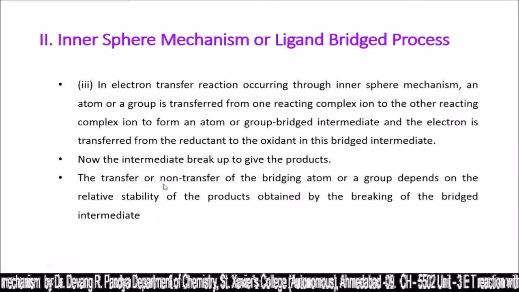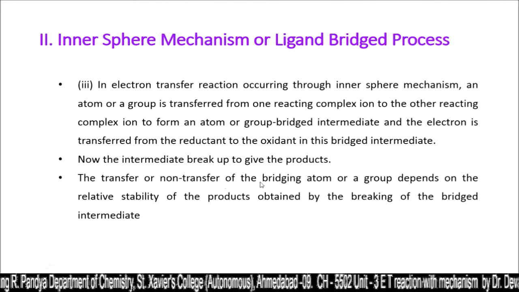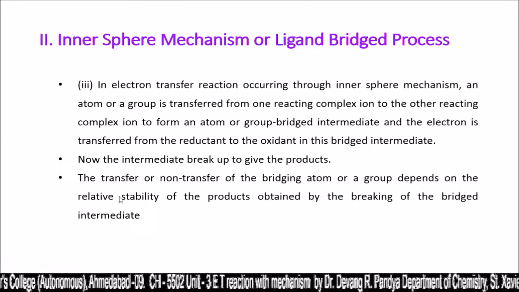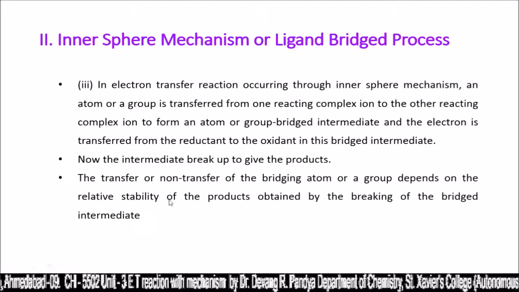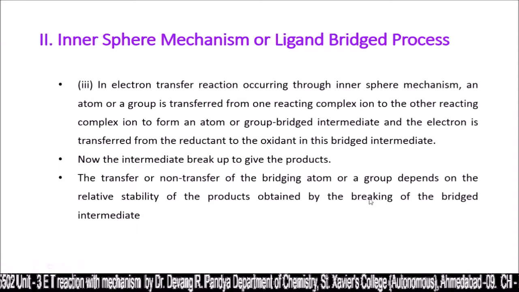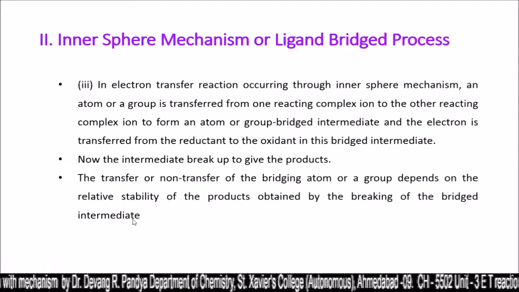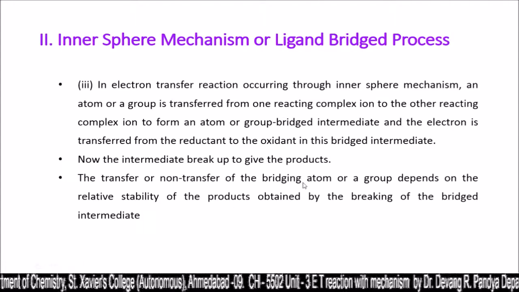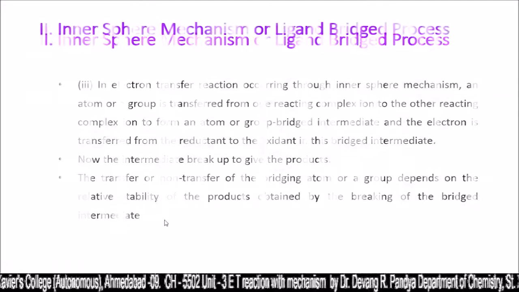The transfer or non-transfer of the bridging atom or group depends on the relative stability of the product obtained by the breaking of the bridged intermediate, but most of the time the bridging atom is transferred from one complex to another.